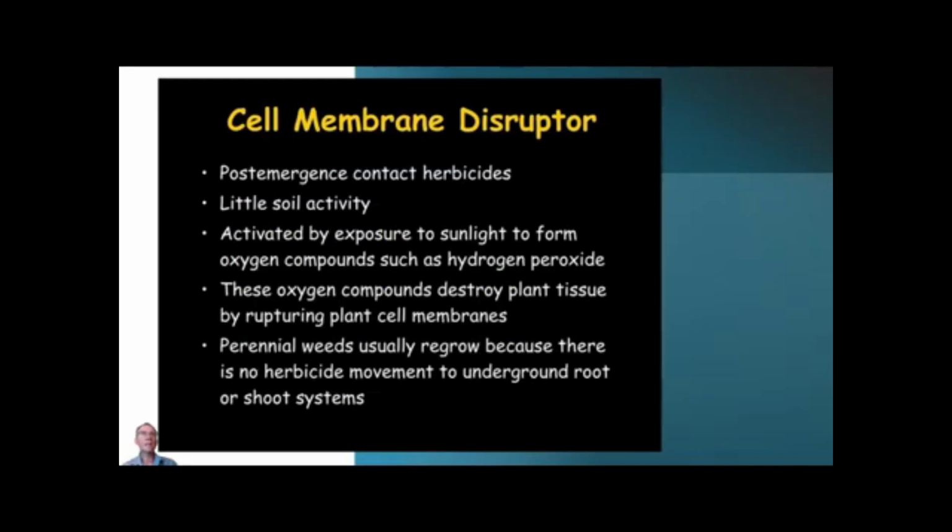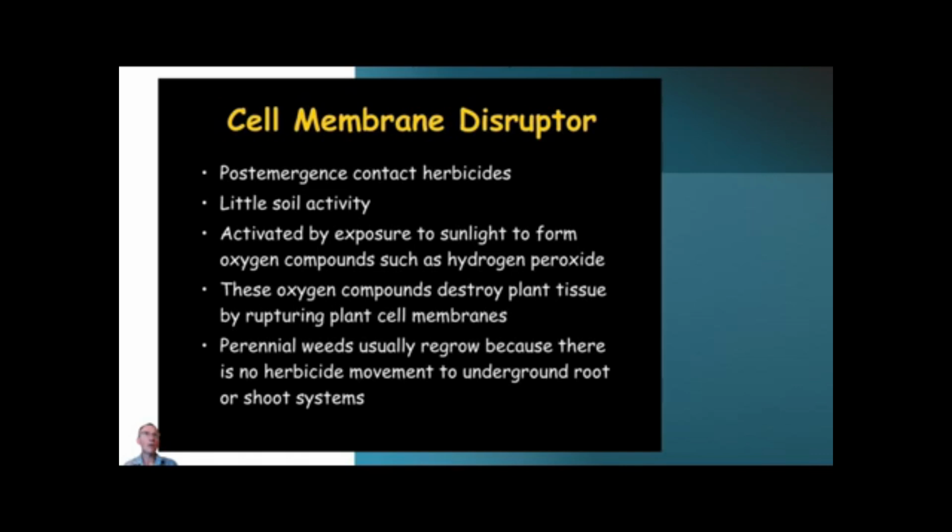Let's look at some facts of a cell membrane disruptor. Post-emergent, contact herbicides with little soil activity, activated by exposure to sunlight to form oxygen compounds such as hydrogen peroxide. These oxygen compounds destroy plant tissue by rupturing plant cell membranes.